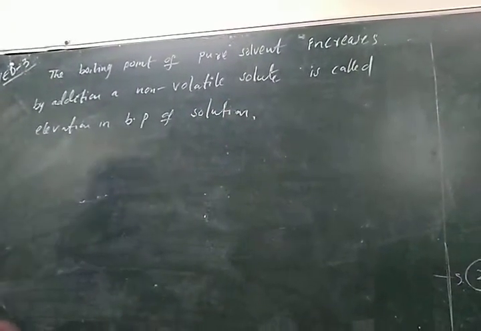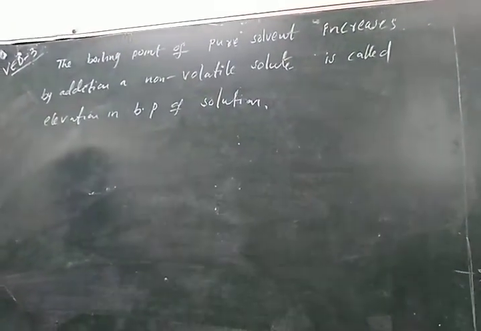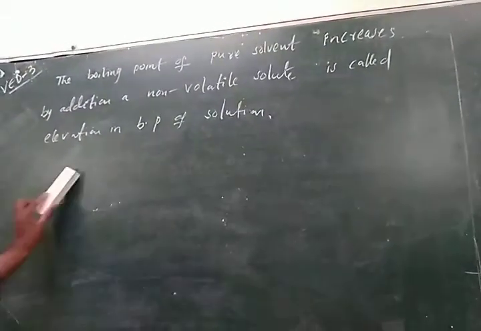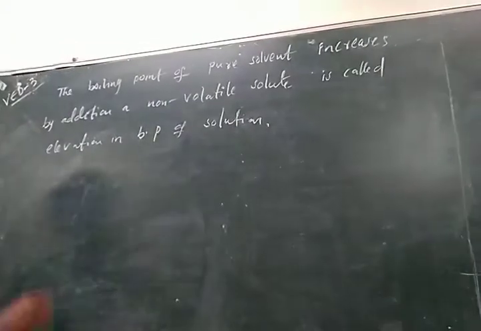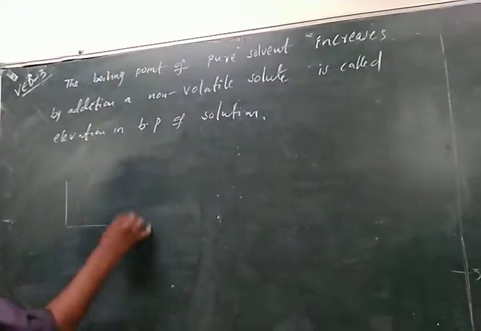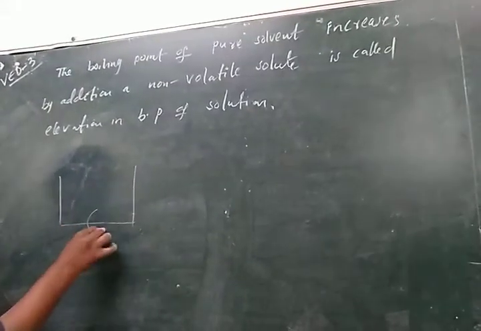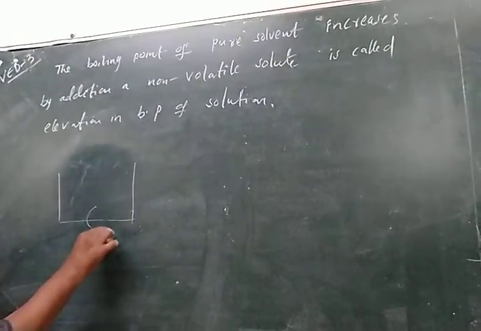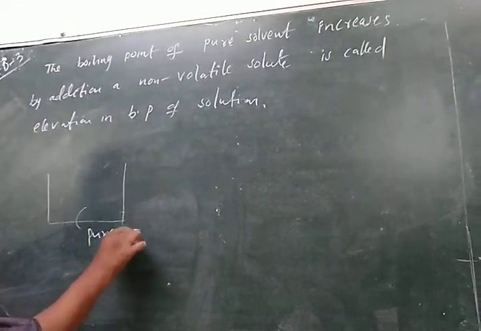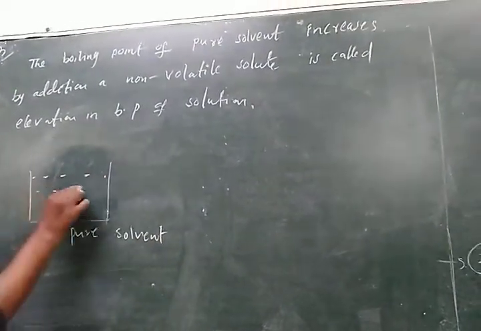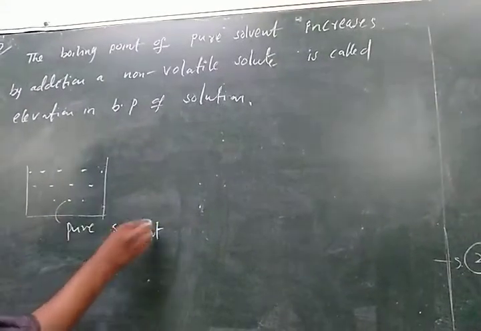So elevation in boiling point of a solution means the boiling point of pure solvent increases by addition of a non-volatile solute. For example, if you take a container and in the container you take pure solvent, only pure solvent is present. In pure solvent, its pressure is P0.